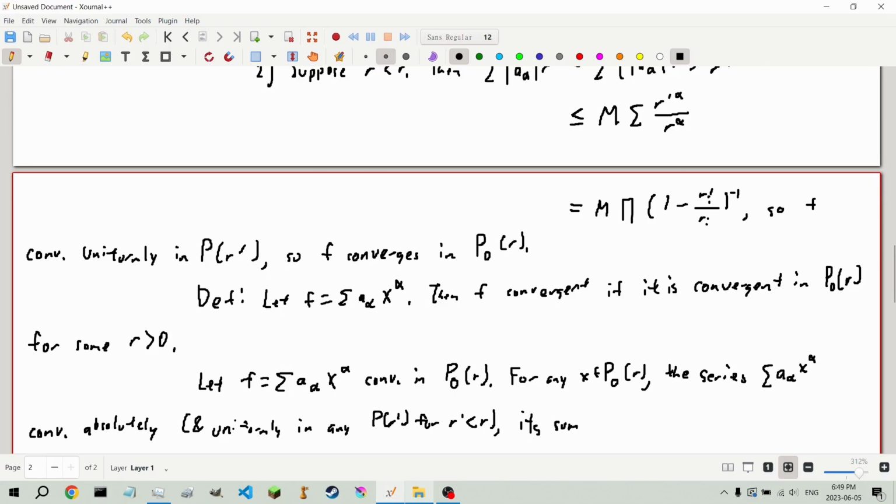Its sum f tilde of x is a continuous function of x. Oh, this is supposed to be f tilde.